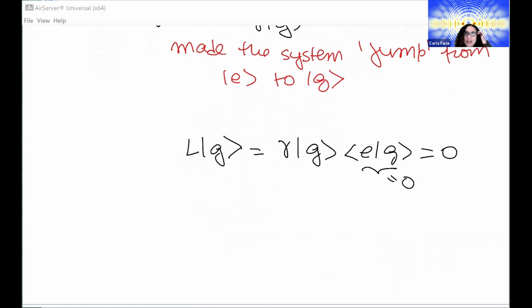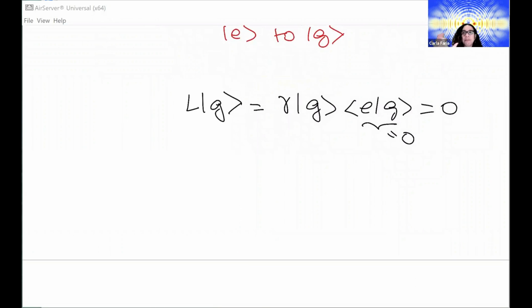So we know how they work, and now we're going to compute H effective ρ(t), and then take the dagger from that. So let's have a look, because this is the first part of our Lindblad equation.